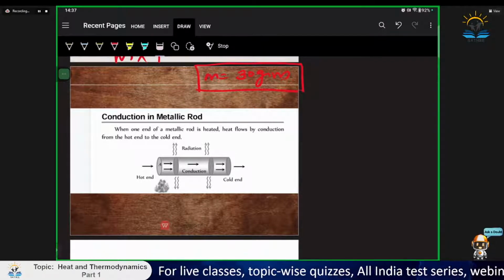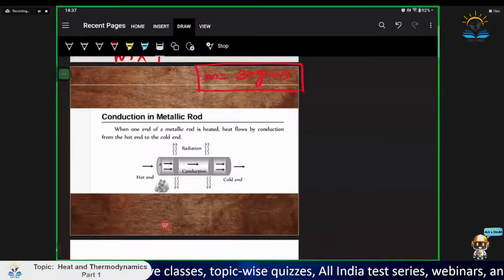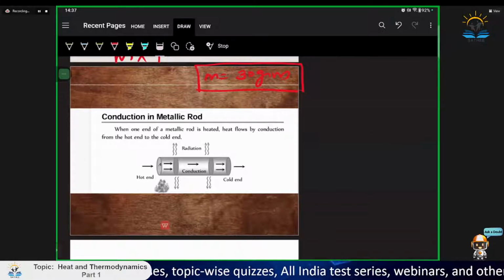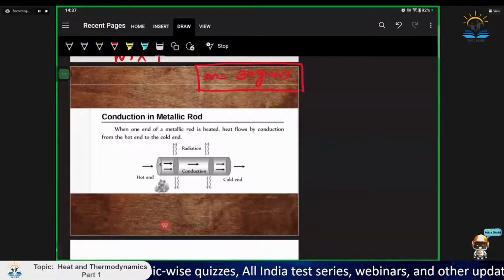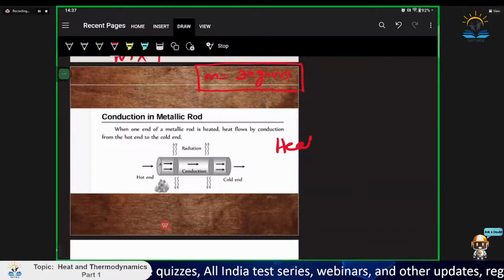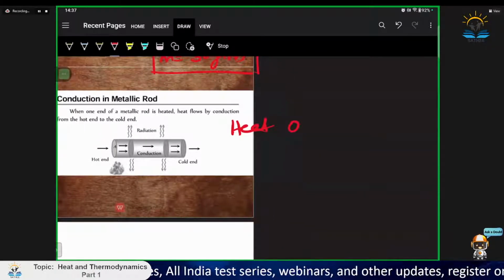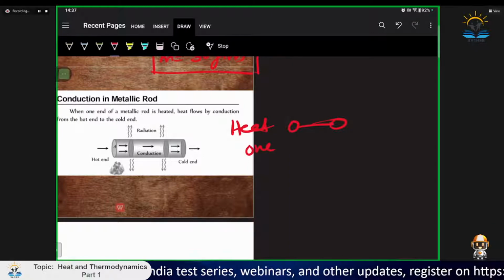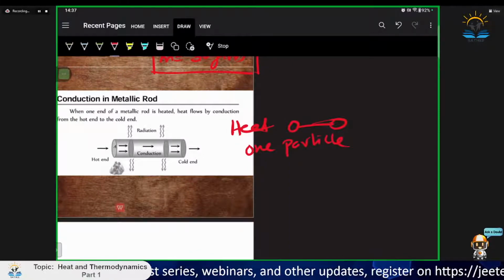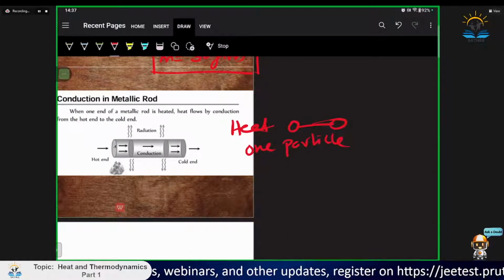What is conduction? Conduction means heat energy is transferred from one particle to another particle without the movement of the particle, without the dislocation of the particle.